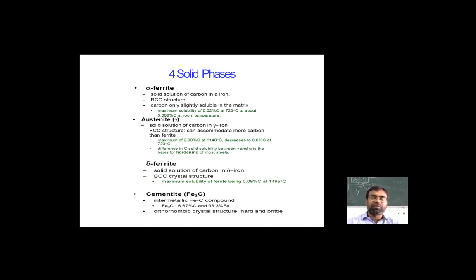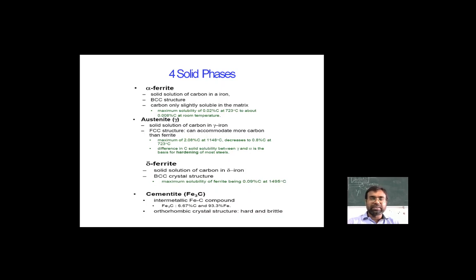So it transformed from the BCC structure to the FCC structure, with the solubility of the carbon percentage increasing, up to a maximum of 2%, and decreasing to 0.8%, that is basically related to the medium and the high carbon steel, or you can say the high carbon steel, because it contains the maximum amount of carbon, and that leads to the hardness of the material. So that particular point relates to that particular solution.